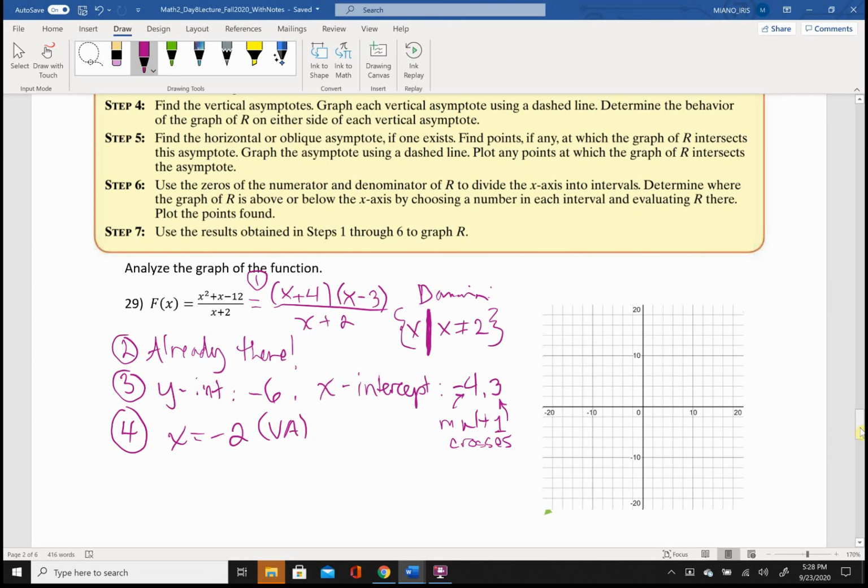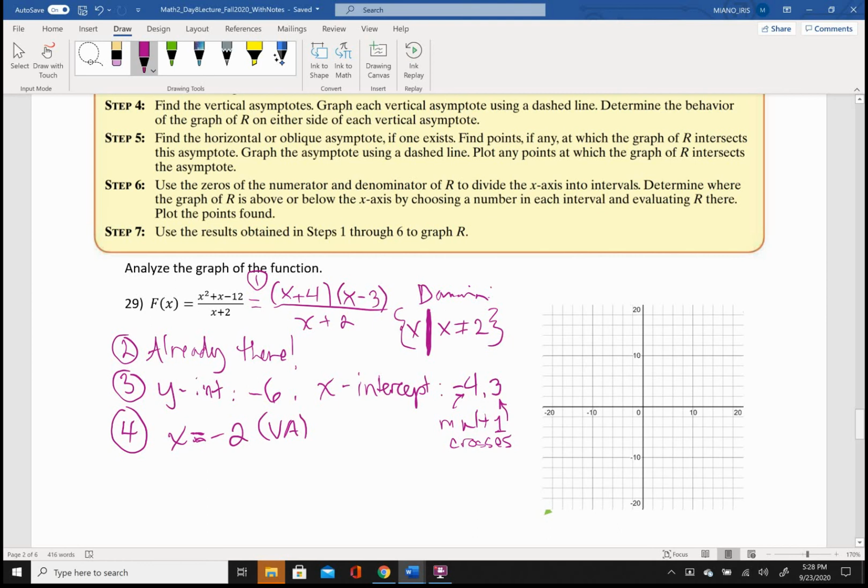We're not going to have any mirror reflection kind of a thing happening over any vertical axis or vertical asymptote here. But as far as the details of that are concerned, all of that comes about with step 6. Determining the behavior of the graph of R on either side of the vertical asymptote could be worthwhile to talk about, but all of that comes about with the number line analysis that we do in step 6.